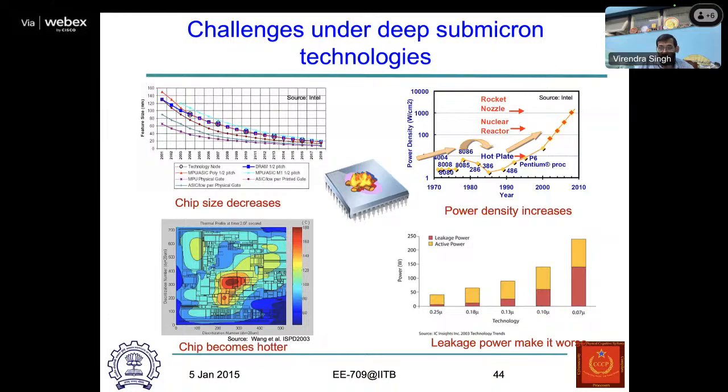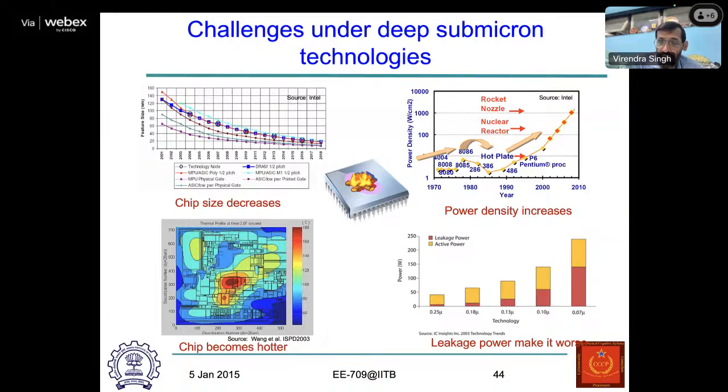These were the projections that people had earlier: if you had gone through the same design methodology and manufacturing technology, perhaps the power consumption of a chip might have gone to the power consumption of a rocket nozzle, which is very difficult. So we have a constraint: we are not increasing the frequency of the design, so that you can constrain the power dissipation.